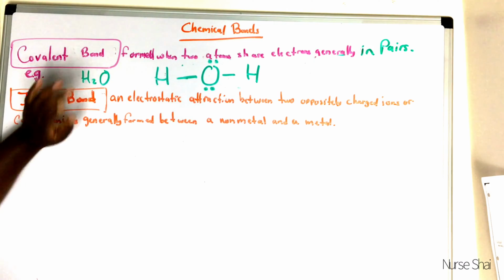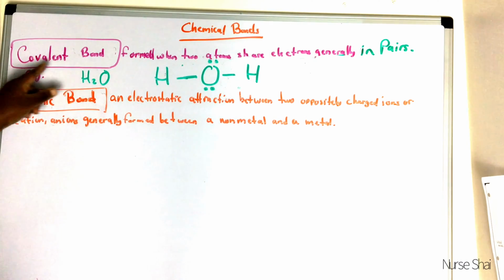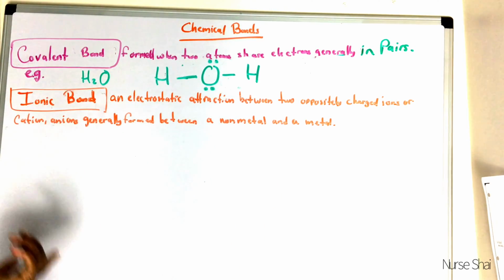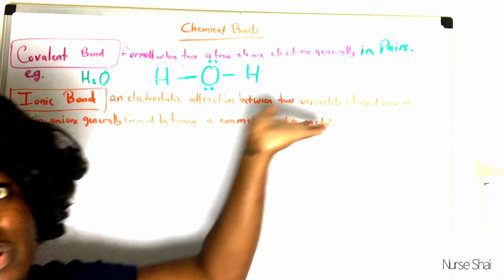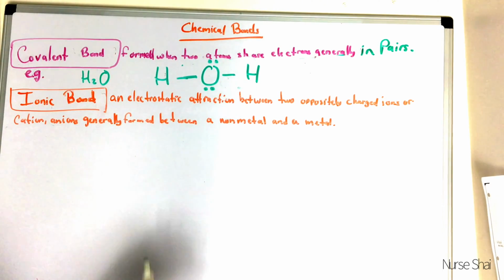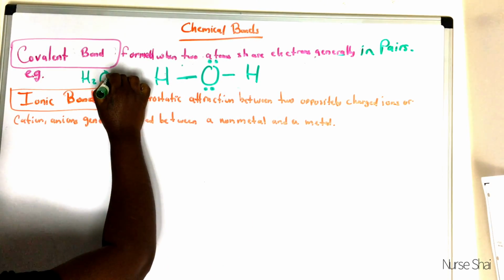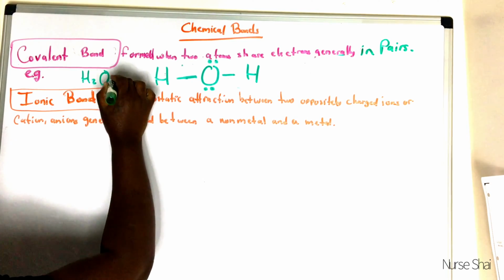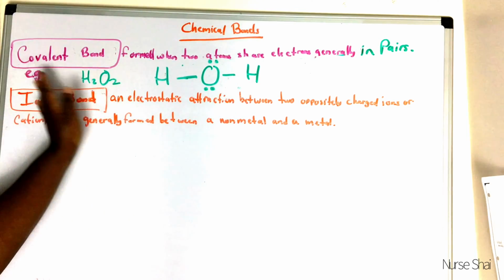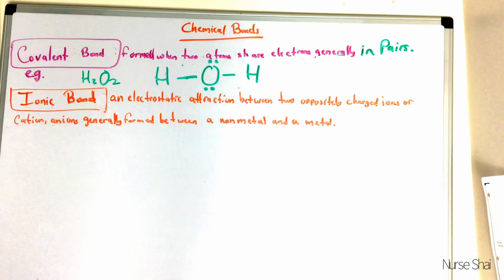So that's how you know you came across a covalent bond, because they're sharing electrons. And generally it'll be even numbers, since they're generally in pairs, right? So if you see even numbers, or something like this, that's peroxide, I believe, it's still a covalent bond because the electrons share each other.